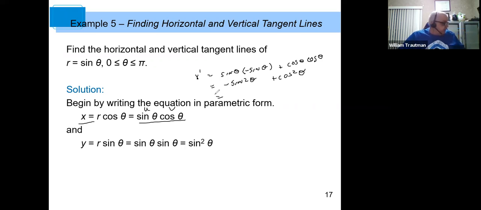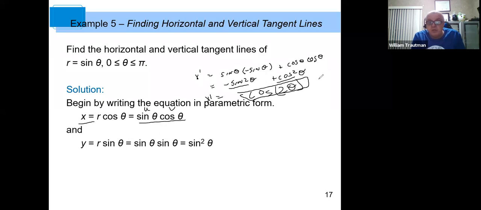And if you go to our trig formula sheet, there's a double angle identity where we have a negative sine squared theta and a positive cosine squared theta. This turns into the double angle, cosine of 2 theta. So this is the answer to the derivative of x, cosine 2 theta.